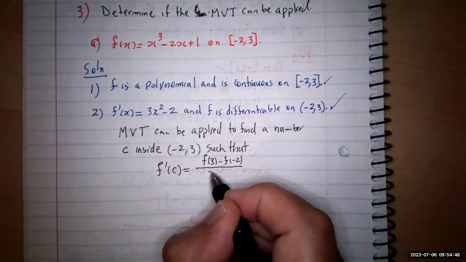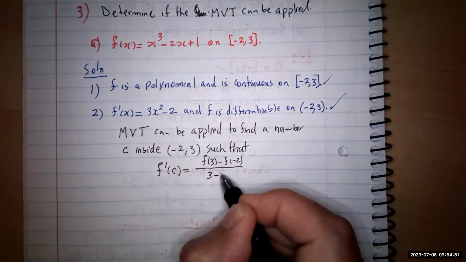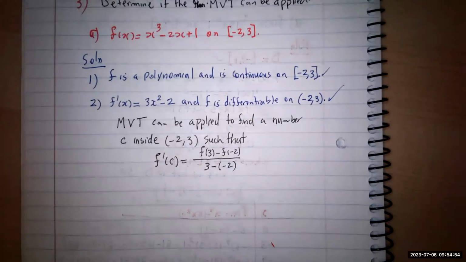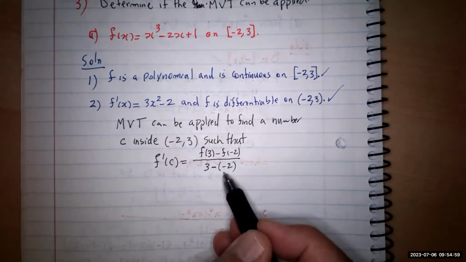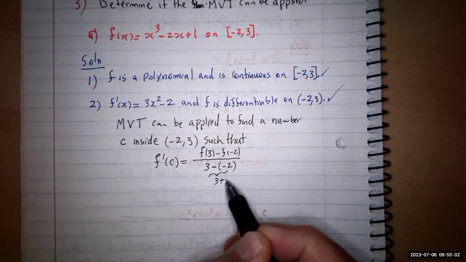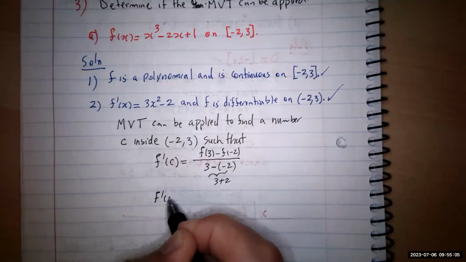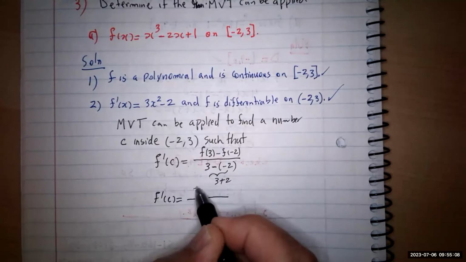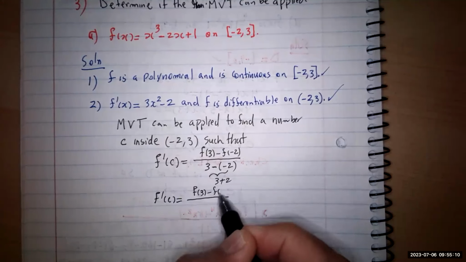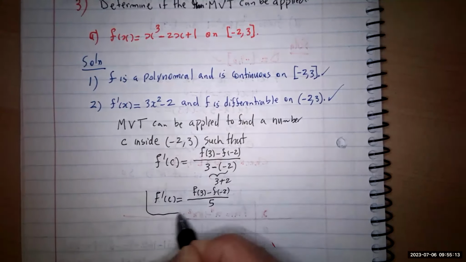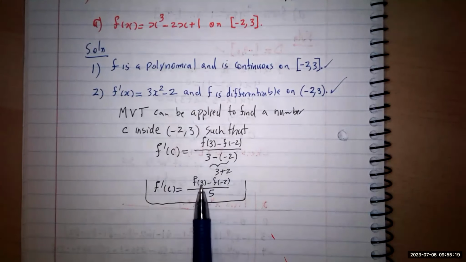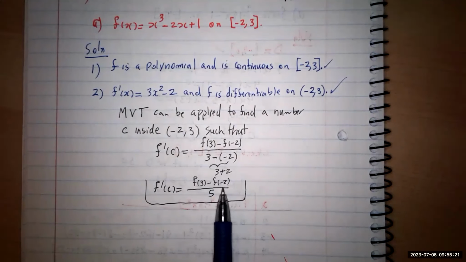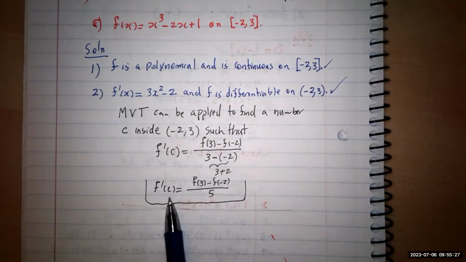Make sure you don't make a mistake with the negative. 3 plus 2 would be 5. So f prime of c equals f of 3 minus f of -2, divided by 5. You have to bring in for us what f of 3, f of -2, and f prime of c are. Then you cross multiply and get the c.